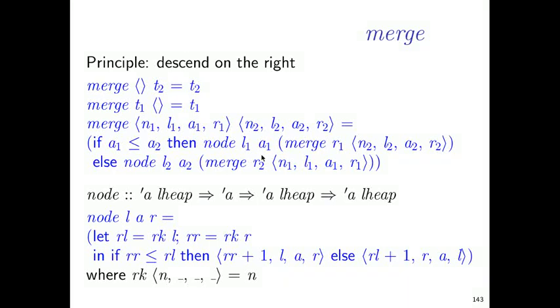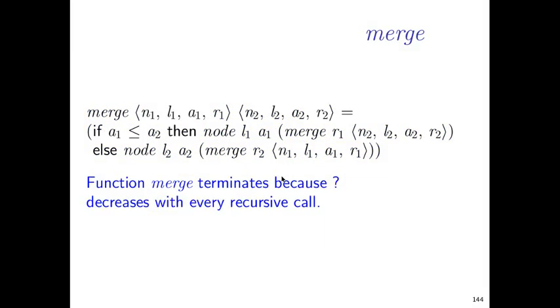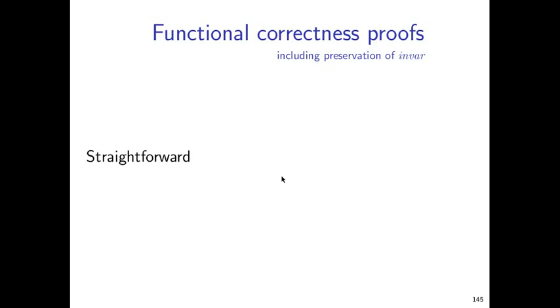But if you know that the invariant holds, which is all we are actually interested in, it's easy to see that the ranks also decrease, because we exactly defined the invariant that the rank of this one is the rank of this one minus 1. Okay.